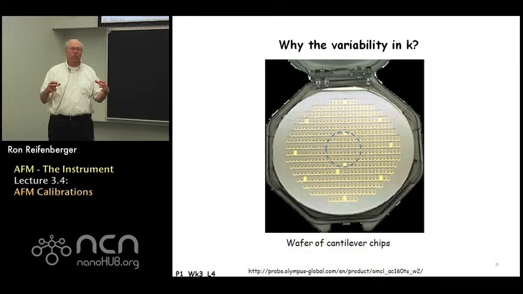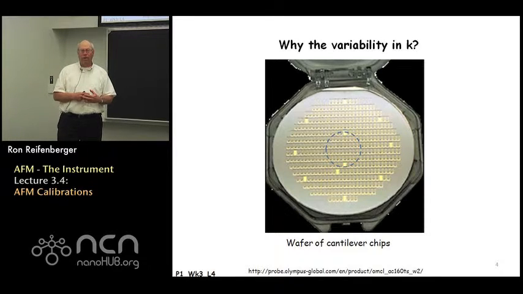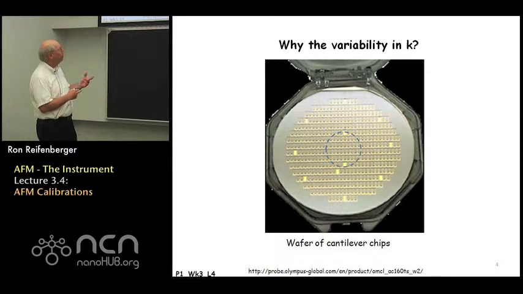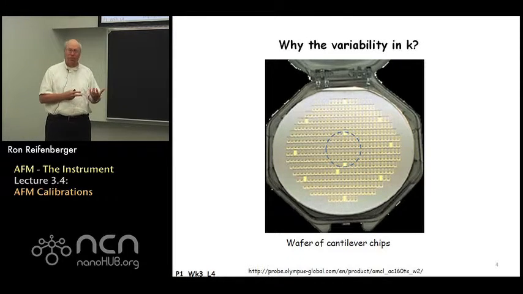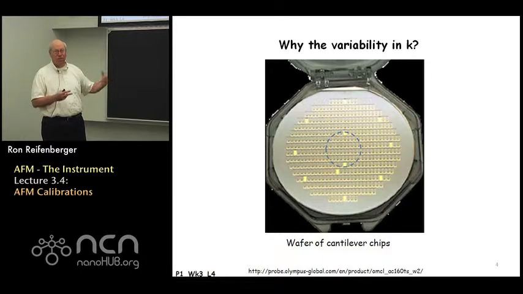But as you started to choose cantilevers out towards the perimeter of the wafer, there started to be significant deviations in the spring constants that we obtained. And those deviations or variabilities in the spring constants could be directly related to the non-uniformity of the processing conditions that existed when that particular wafer was formed to make the cantilevers.